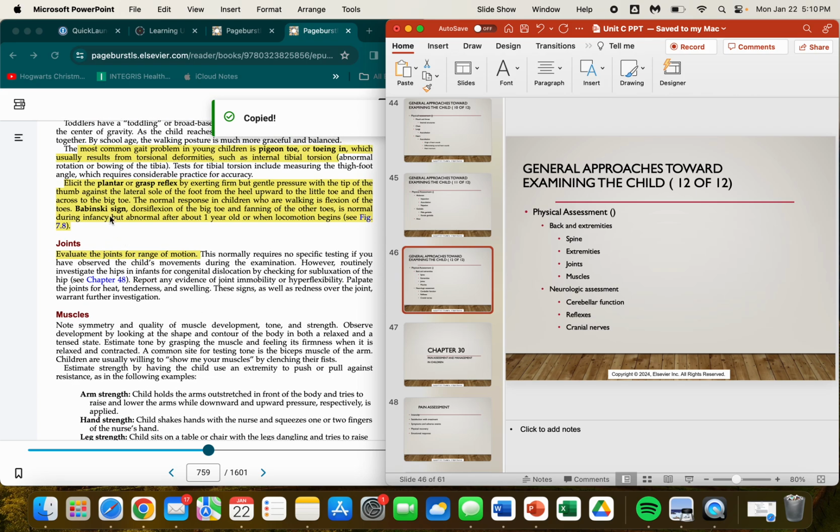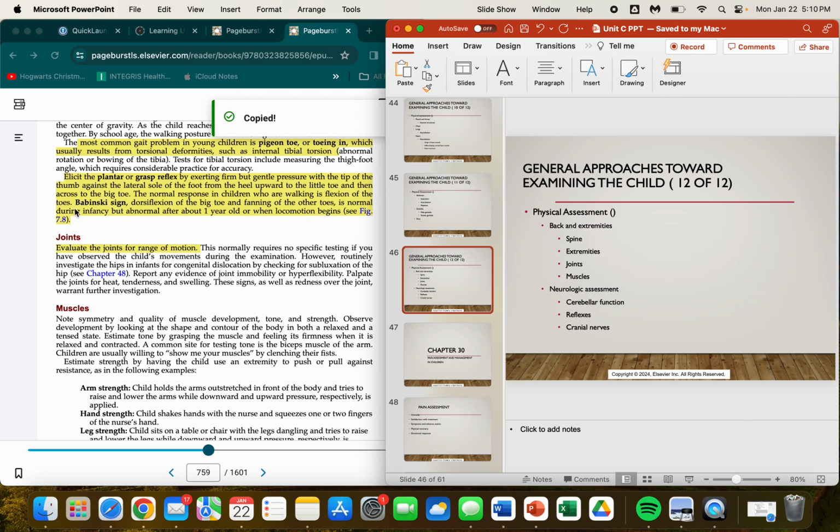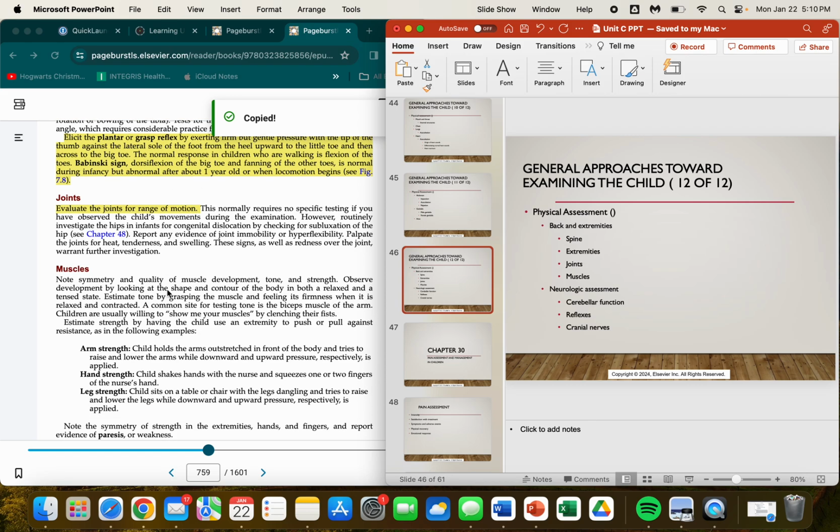And then the Babinski sign is the dorsiflexion of the big toe and the fanning of the other toes, which is normal during infancy but disappears around a year or when they start walking. So they should have a Babinski reflex in infancy, but it should disappear around 1. They should have a plantar reflex as an infant, so they should have some flexion if that is stimulated.